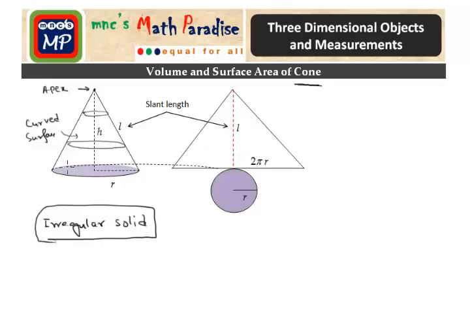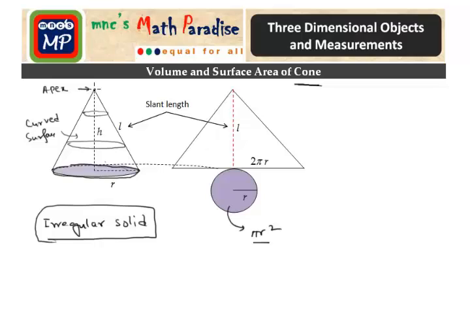So a cone has two surfaces. One is this circular base, which is this one with radius r. Its area is pi r square, because it's a circle with radius r. And another face, the curved face, is this one around this circular face.